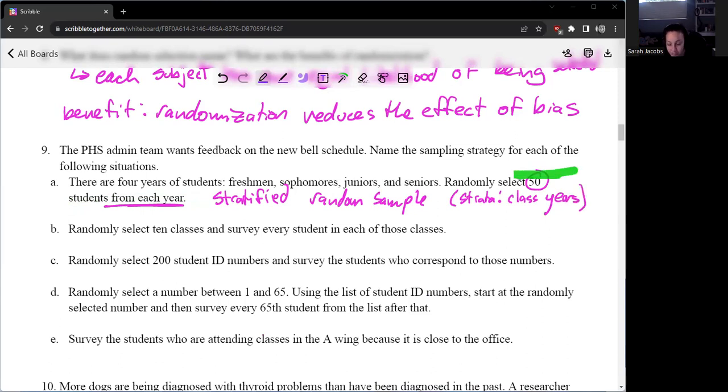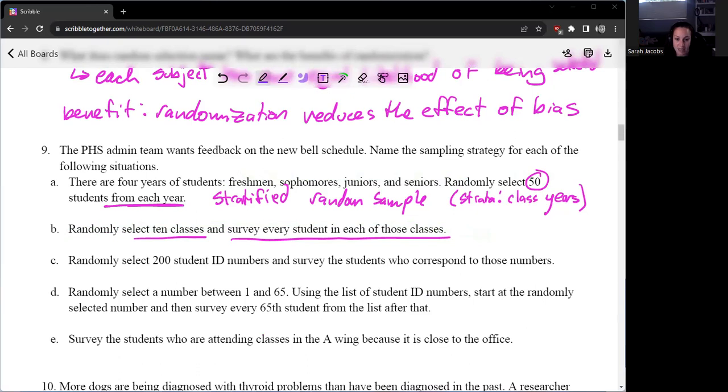The strata don't have to be equally sized, especially if the sample from each strata doesn't have to be equally sized if they're not equally represented, but in school they are generally. Next up, randomly select 10 classes and survey every student in each of those classes.